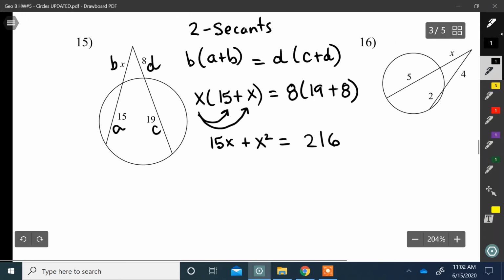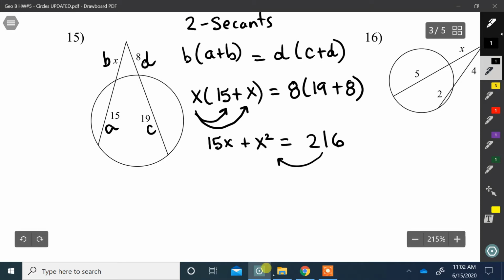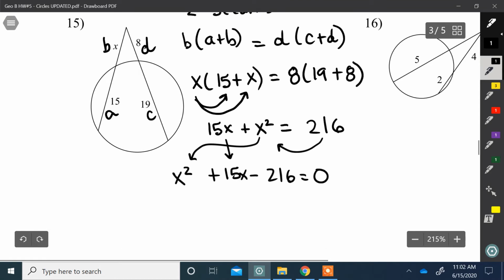This one is a little bit more difficult than the other ones. Let's bring this guy over, and you're going to notice that you have a quadratic. We have x squared plus 15x minus 216 is equal to 0.